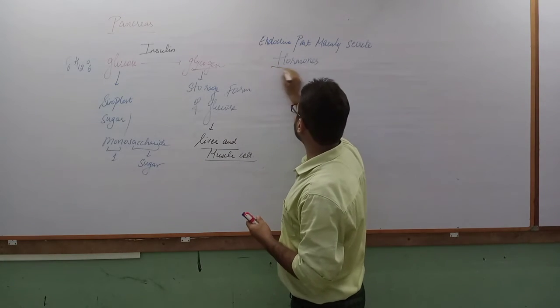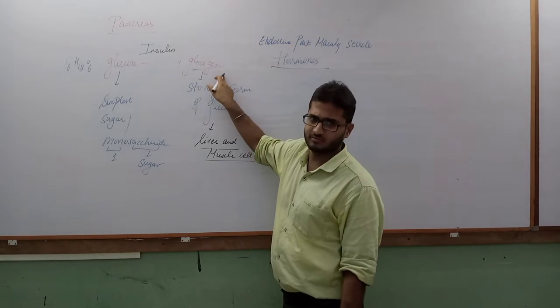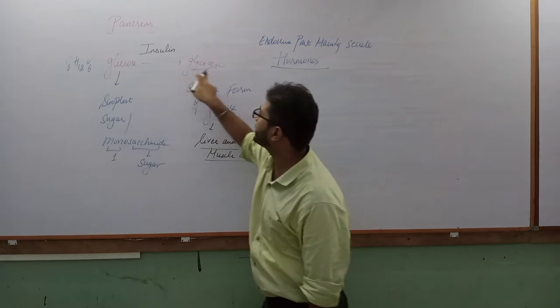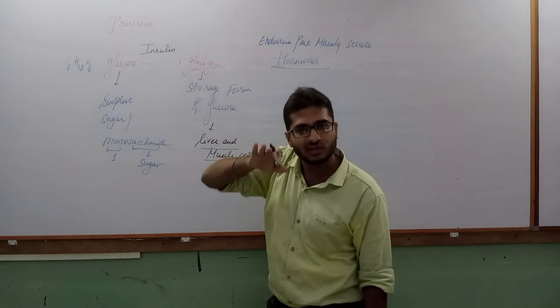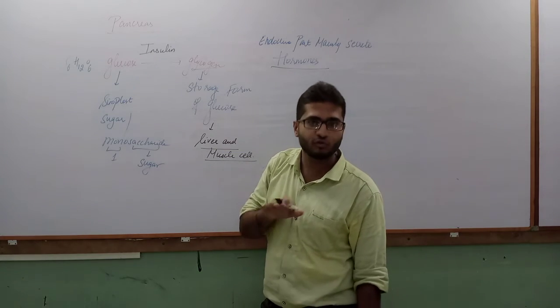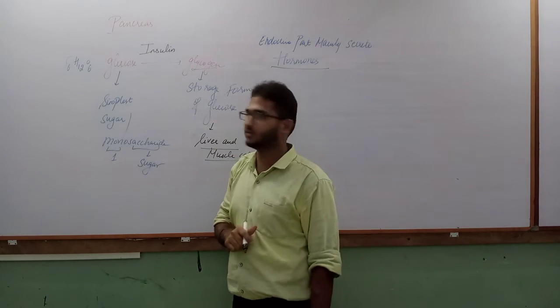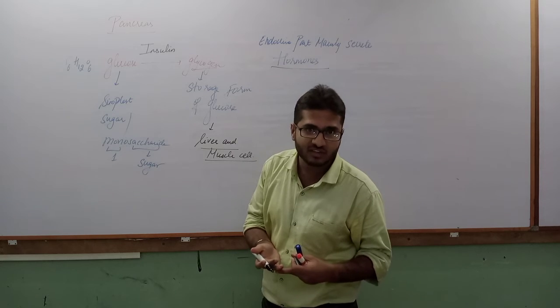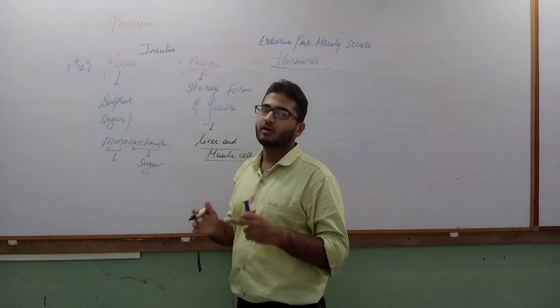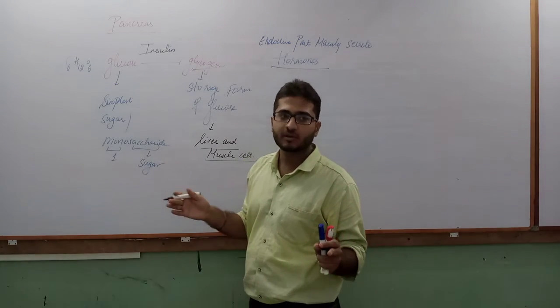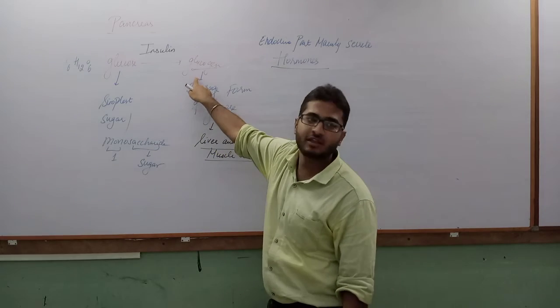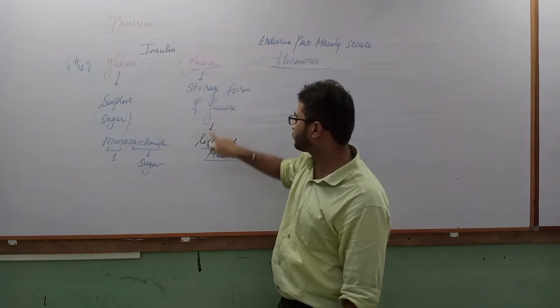Now what is the indication? That when glucose is converted into glycogen, glucose level decreases in the blood. Why does glucose level decrease in the blood? Because the glucose molecules in our body are stored in the form of glycogen, and where are they stored?